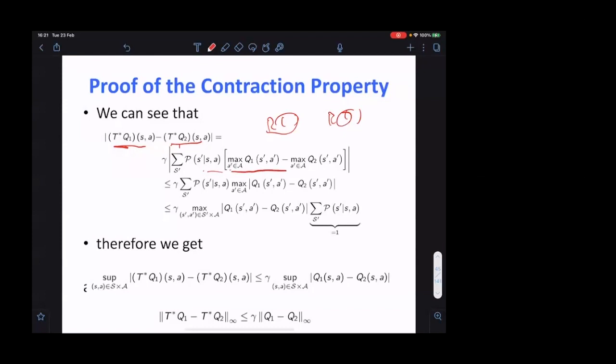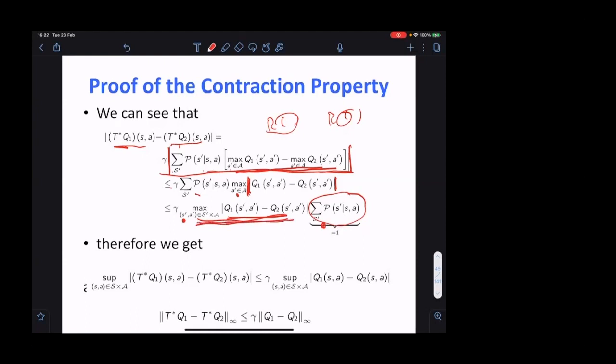Here is the absolute value. I'll take this absolute value into the summation. Because the absolute value is outside the summation, it will always be smaller than or equal to taking the absolute value within the summation. And if I take out the maximization over s, in other words choosing the one with the highest value, this term becomes a constant, since after taking out the state I have no state whatsoever.